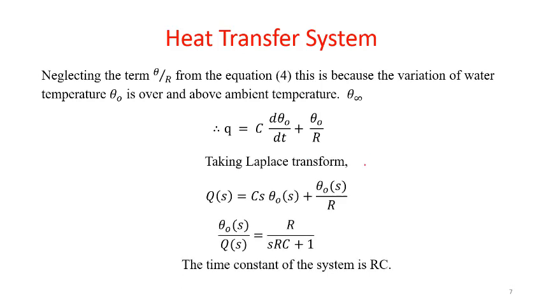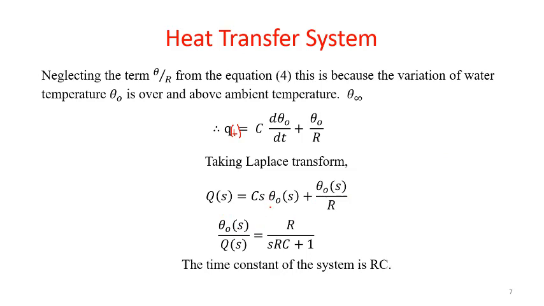Then, taking the Laplace transform of the above equation, these are already with respect to the time variable t. Hence we get Q equal to Q of S. C is a constant, dθ0/dt becomes S into θ0 of S, and R is a constant, so it will be 1 by R, and θ0 of t will be θ0 of S. As I have told you, the output is the temperature.